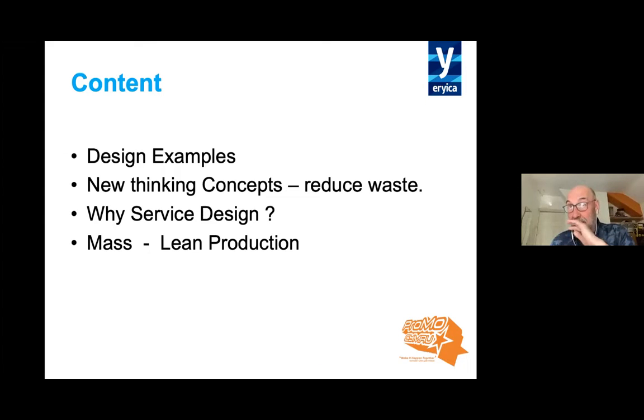I wonder how many people have come across the term lean production. Anybody? I can't see everybody, but the ones I can see haven't put their hands up, so that's fine. And then looking at this actual course, the Do It course.